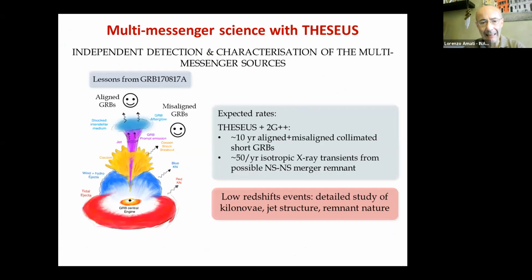Here I would like to stress, as can be seen in this scenario and as was demonstrated for this unique event, GRB 170817, that these very nearby short gamma ray bursts associated to neutron-star mergers, that are within the horizon of a few hundred megaparsecs of the current and near future gravitational wave detectors, are most likely detected off axis.